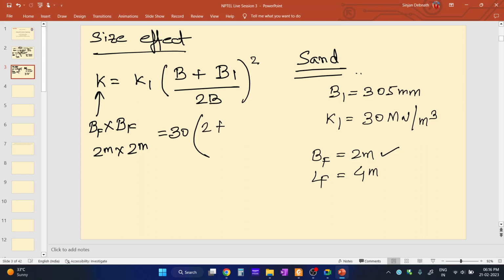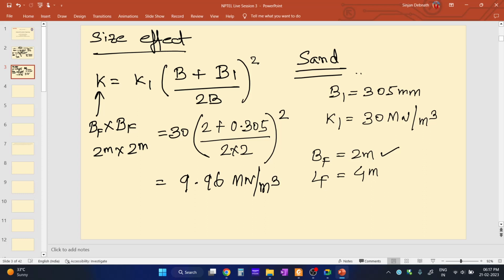It is 0.305 meter. What is the value of 2B? 2B means 2 into 2, squared. If we calculate this, it will come to 9.96 meganewton per meter cube.